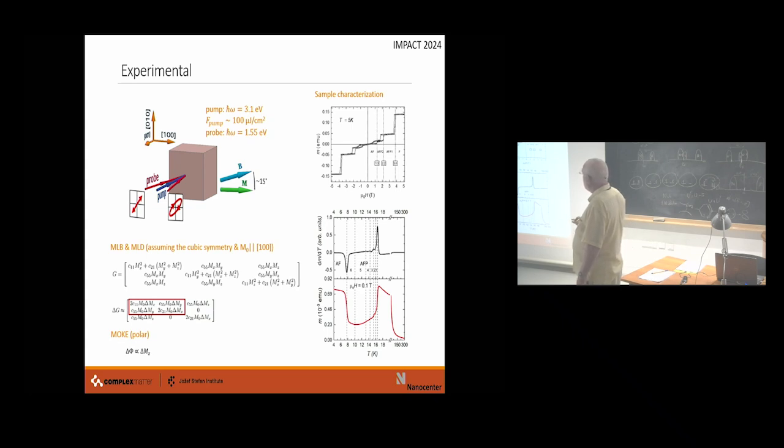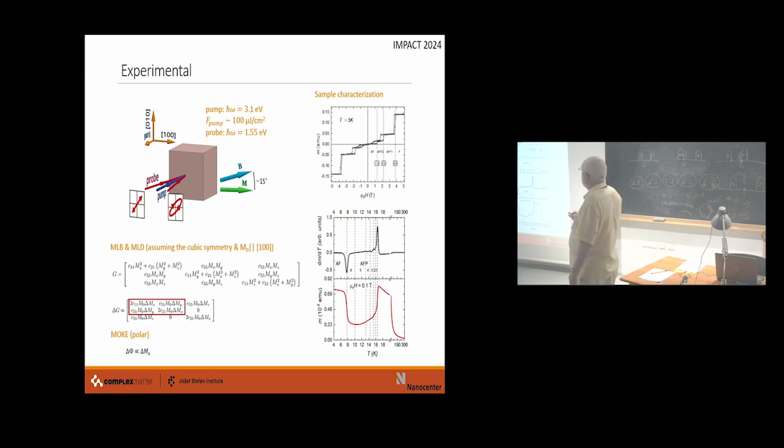We apply a magnetic field nearly along the 1, 0, 0 direction. And then we analyze the time-dependent polarization properties of the probe light.